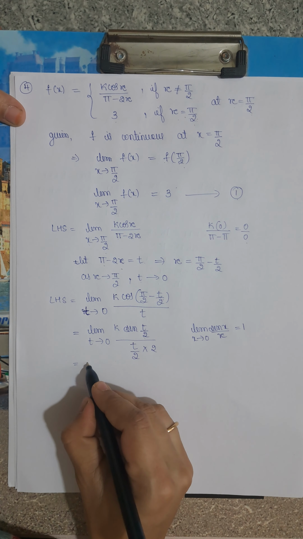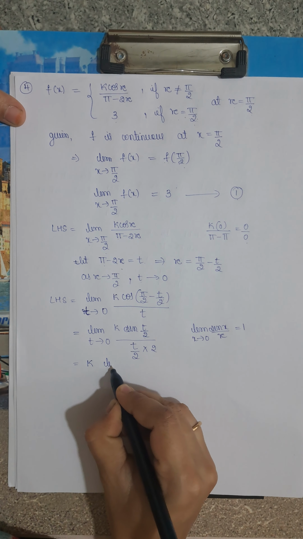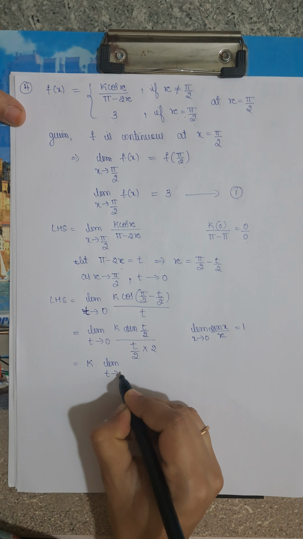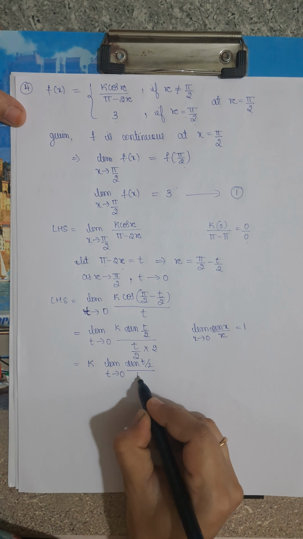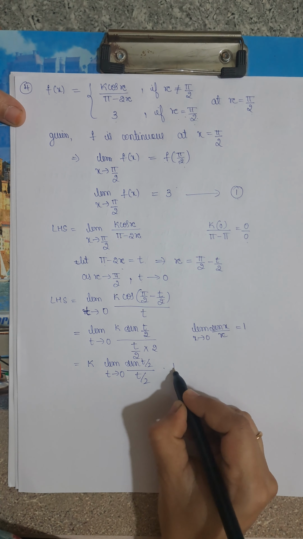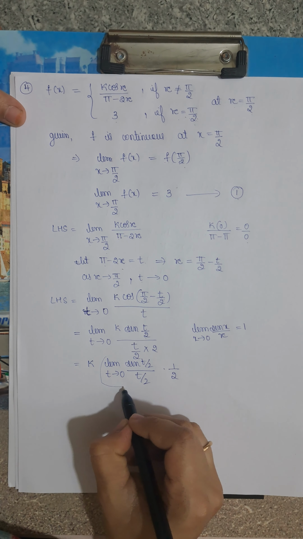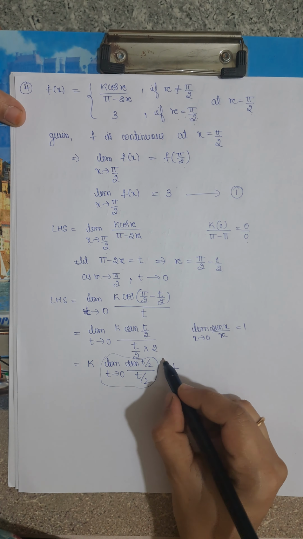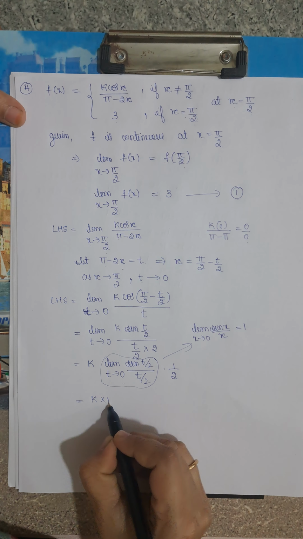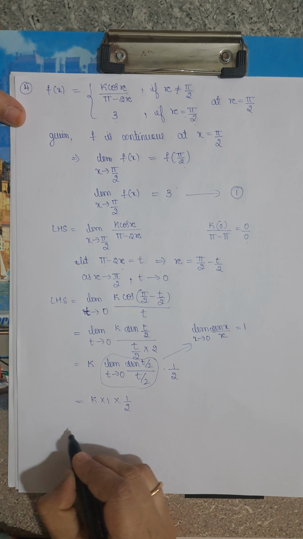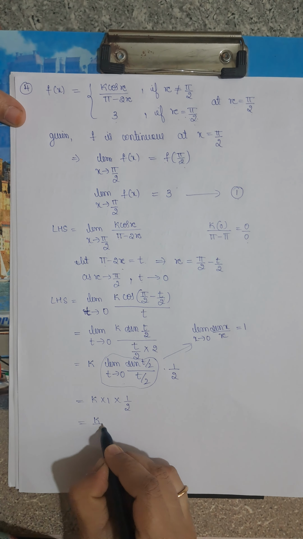Now if I take this k out, limit as t tends to 0, sin t by 2 divided by t by 2, remaining 1 by 2 I'll write over here. Now we can apply this formula for this function, which is 1. So k into 1 into 1 by 2, that is equals to k by 2.